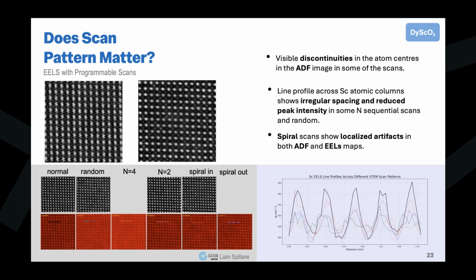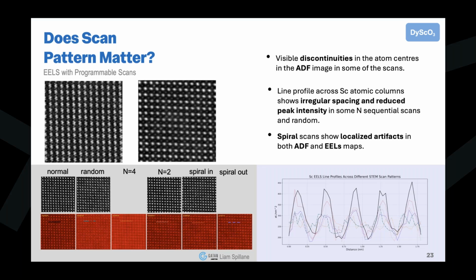And we can see that there are some visible discontinuities in some of the ADF images from different scans, especially for large pixel jumps, as we can see here in n equals 4. So the bigger the probe jump, the more artifacts we were getting. And as Steph mentioned, all of these techniques are very sensitive to knowing exactly where your beam is and the scan direction.